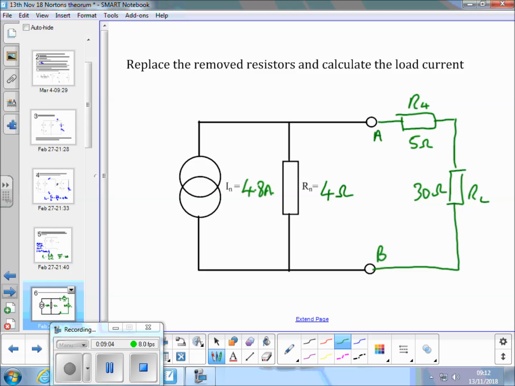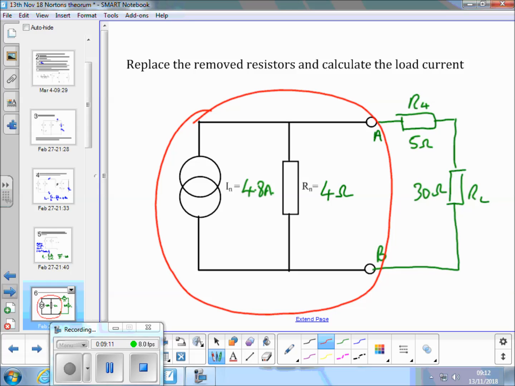This bit here will act just like the original circuit did prior to simplification.